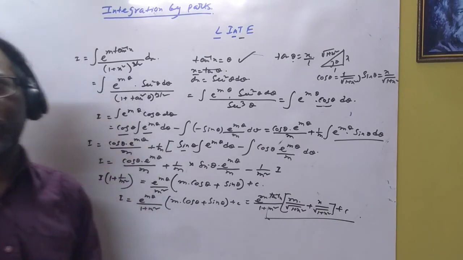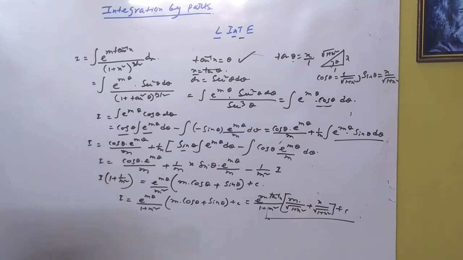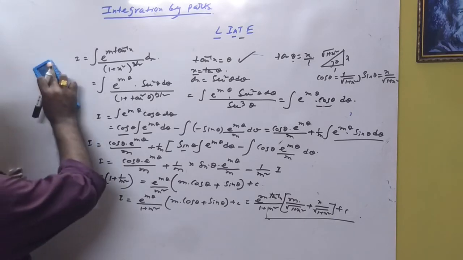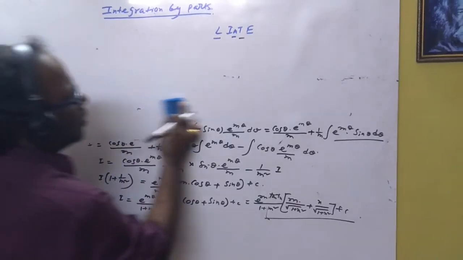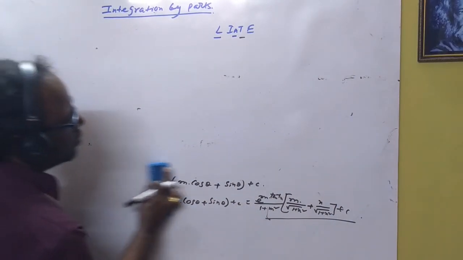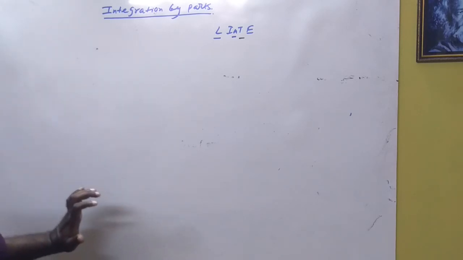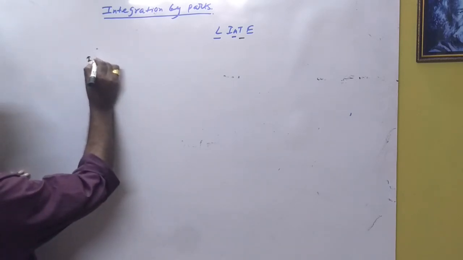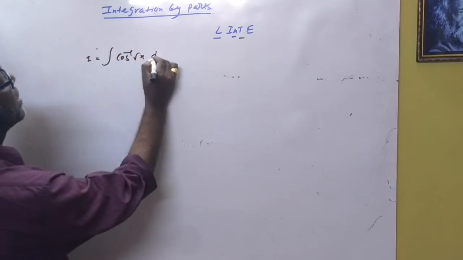Okay, very important question of discussion here. And now I want to discuss one function, that is cos inverse root x. From the point of view of this important discussion, just see here, I is equal to integral of cos inverse root x dx.